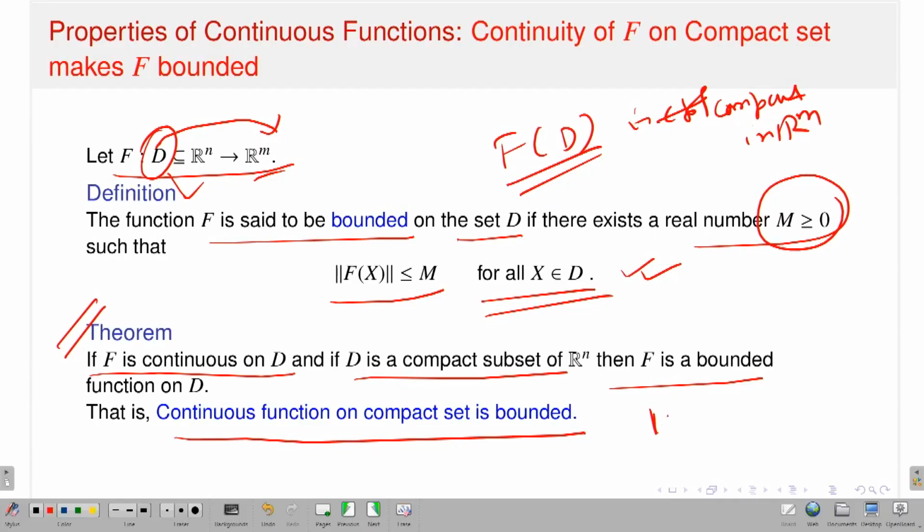f of D is bounded means what? It means the norm of f(x) is less than some constant k for all x in D. That's the meaning of bounded. When I talked about the definition of a bounded set, a set is called bounded if I take an open ball with some center x naught and finite radius r such that I can push my set inside that ball.